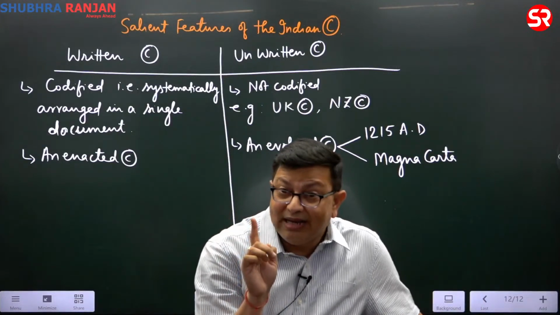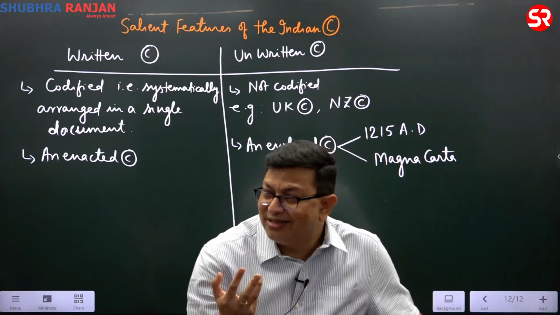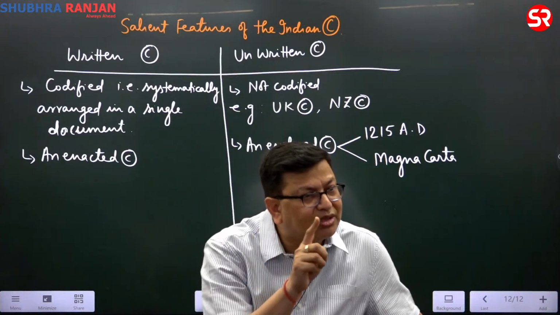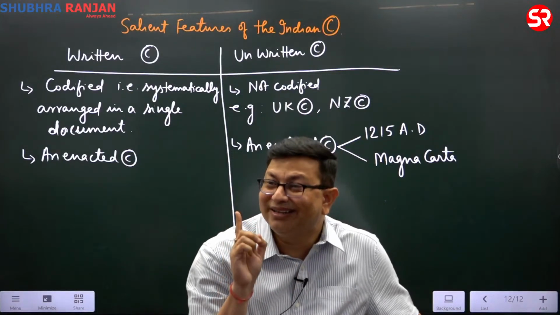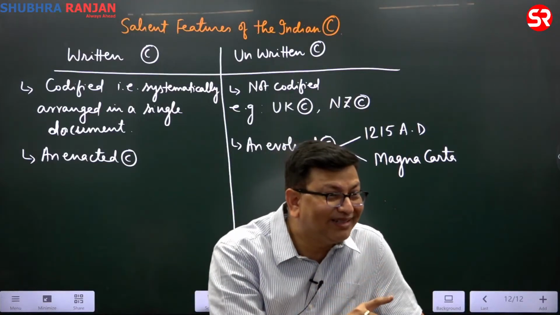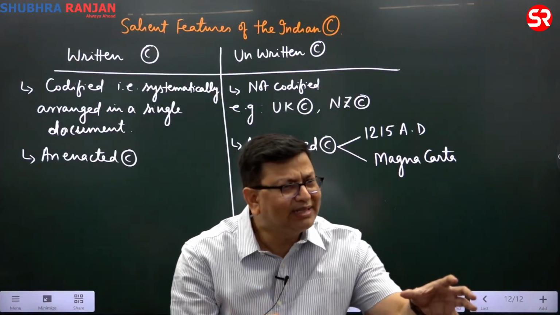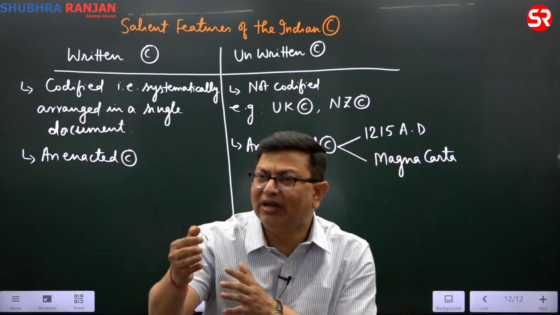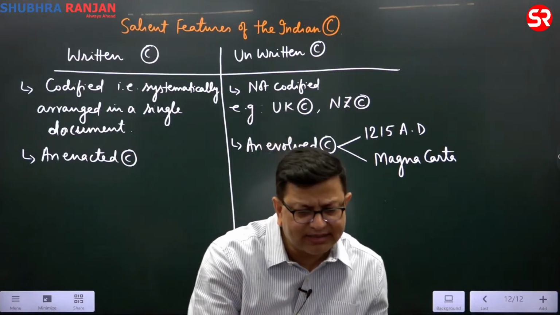But in case of India, how the constitution will be changed is mentioned in the constitution itself, which is not there in Great Britain, because no constituent assembly was there. Gradual evolution, that okay, today this law is made, tomorrow that law will be made. Gradual evolution with the times and circumstances.